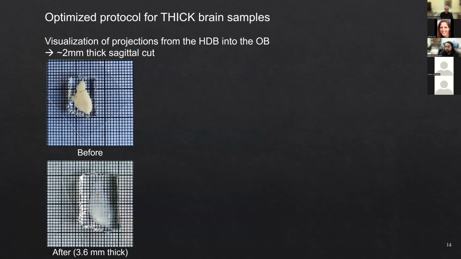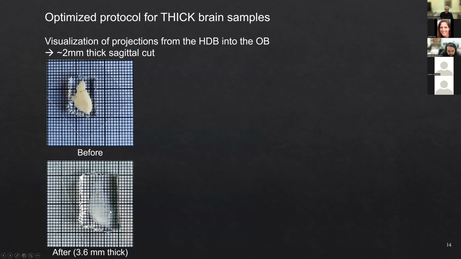And here's how the sample looks when you embed it in the gel, and then how the sample looks after the digestion process. So it's not as transparent as the brain organoid, because this is a more complex structure, but it's transparent in our areas of interest.